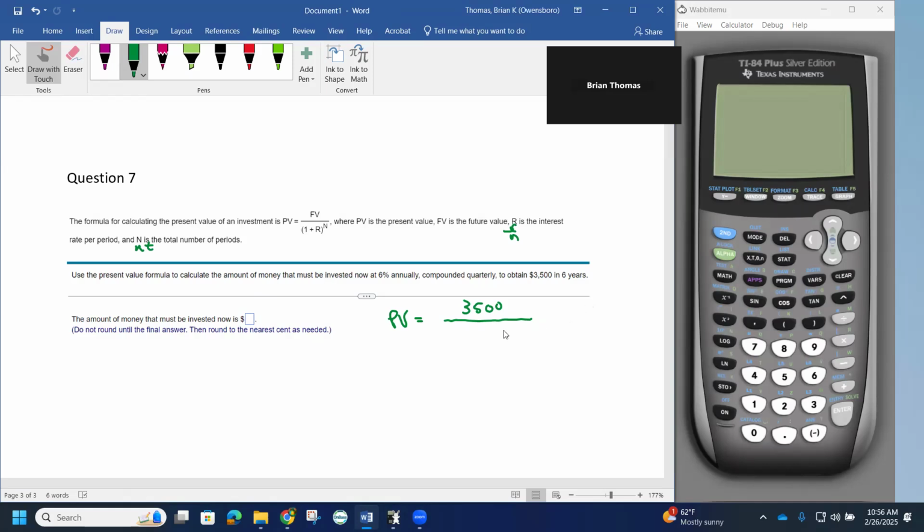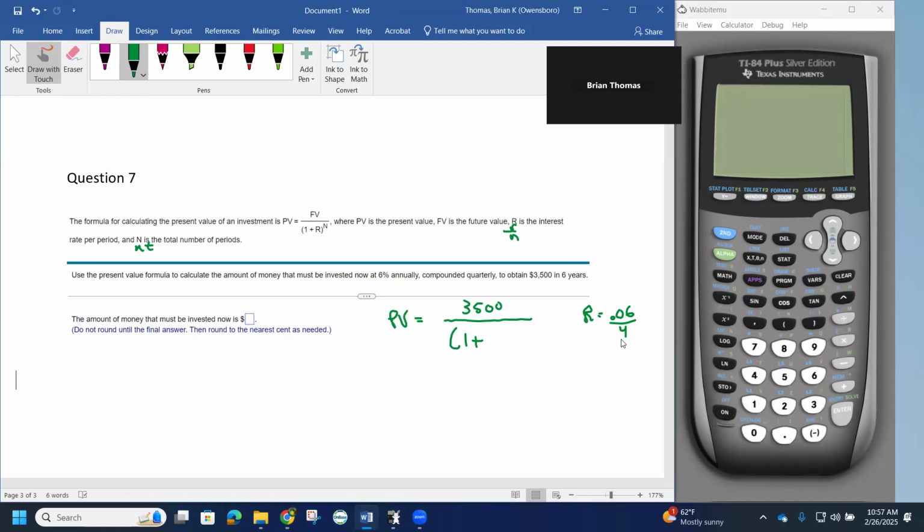So future value there. And then we have this 1 plus r. But notice how r is actually r over n. So we need to know the rate of interest, which is 6%, and it's compounded quarterly. So r is actually going to be 6% divided by 4.